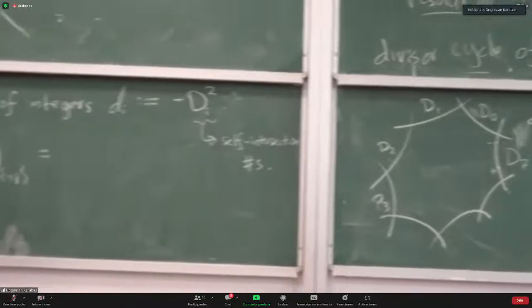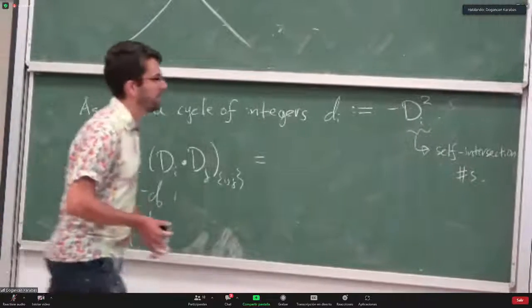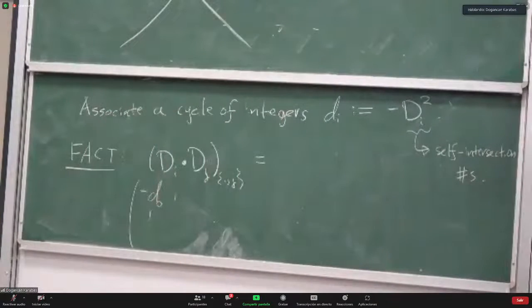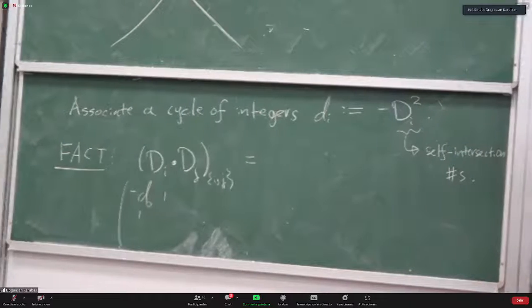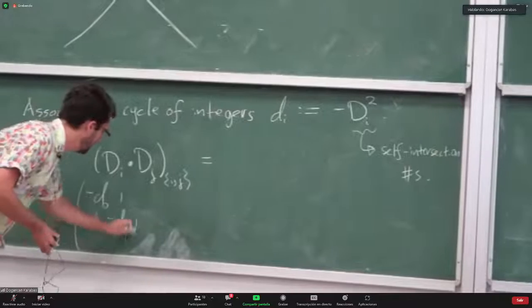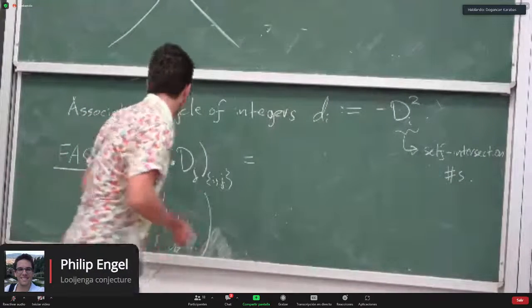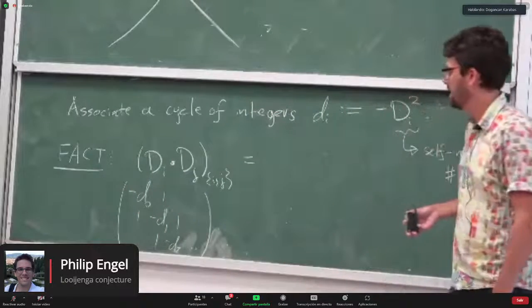Well, it's like minus d0, and then D0 intersects D1 exactly once. So the number is 1, and minus d1, 1, 1, minus d2, etc. So that's this matrix.